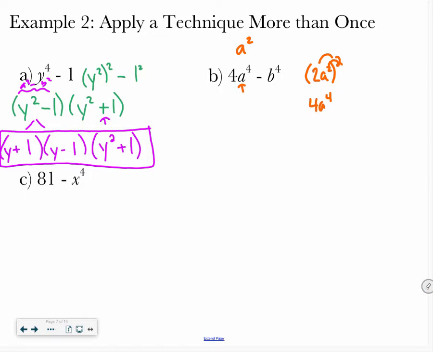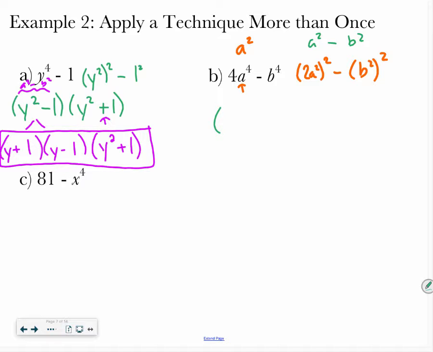So I know that's correct. So I have 2a squared squared minus b squared squared. Now if I look at that, I have my a squared minus b squared form.